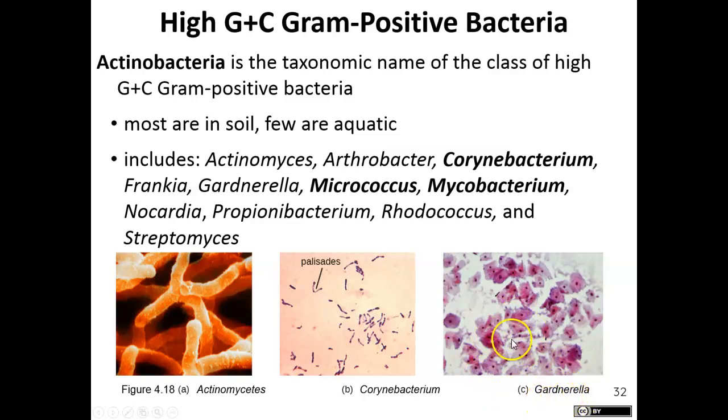Gardnerella have a unique shape, and they are pathogens that can cause disease. Specifically, this is showing Gardnerella vaginosis, which causes bacterial vaginosis. But there are other groups as well, Micrococcus and Mycobacterium. Mycobacterium and Micrococcus, as well as Corynebacterium, are all found in our lab.